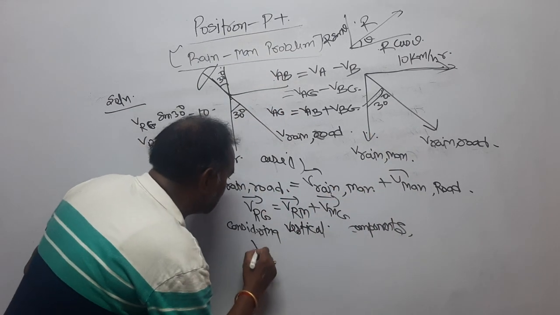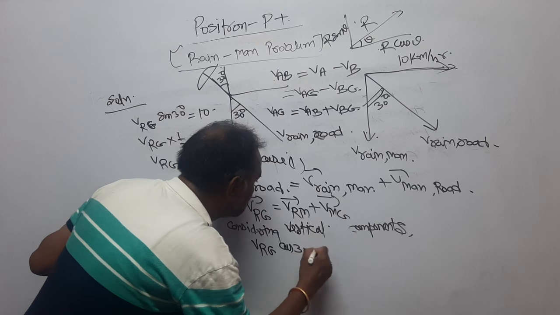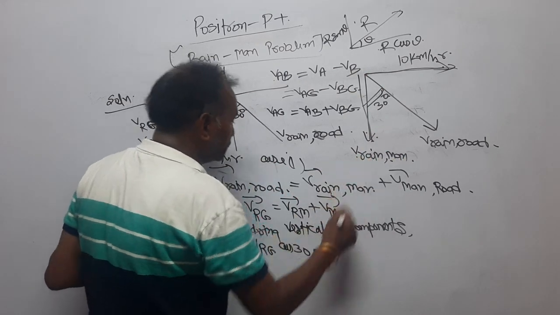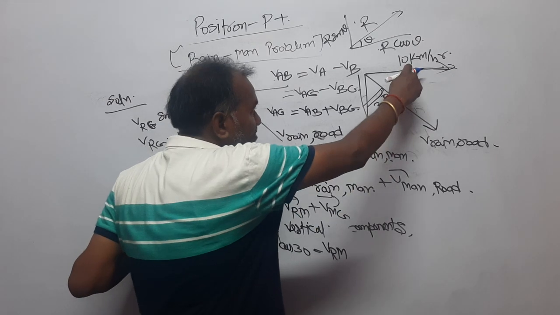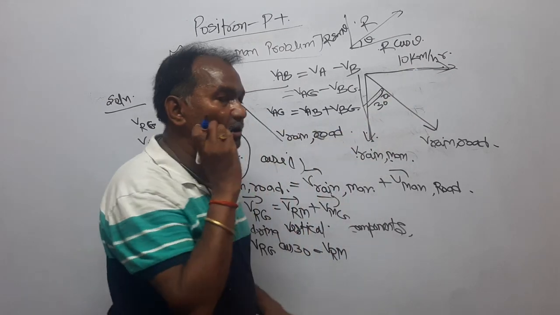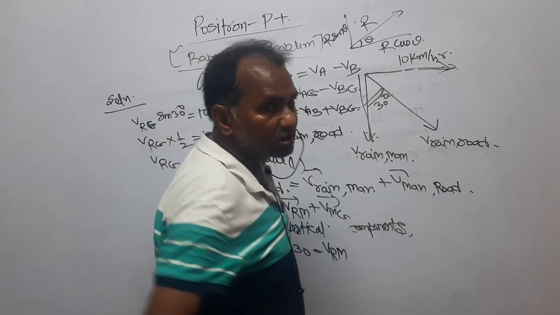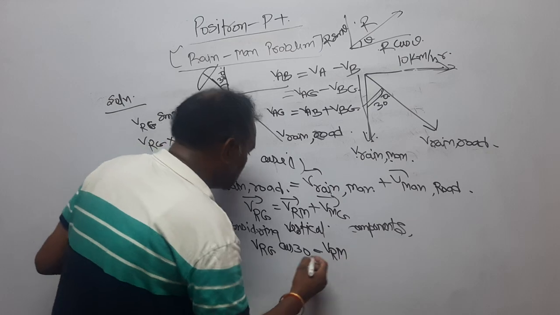It becomes VRG cos 30. VRM itself is a vertical component. The velocity of man is horizontal, so it has vertical component 0.